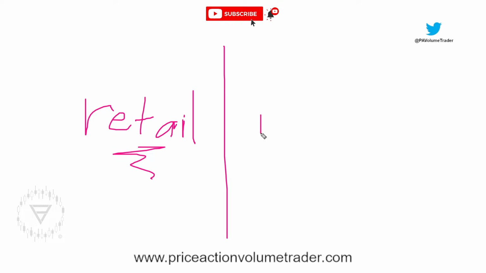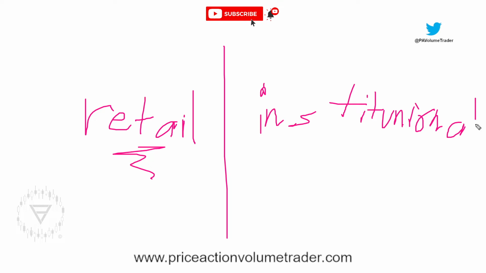Then you have your institutional traders. Sorry, I know the font is not good at all, but you've got your institutional traders. This is going to be banks, hedge funds, etc., really, really large players that are going to be looking to get filled on really, really large orders.